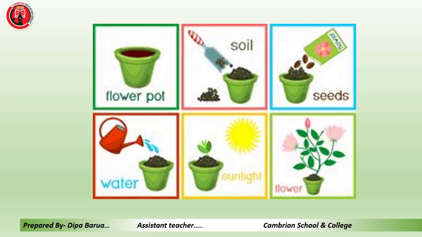Third step, put seeds in the flower pot with soil. Fourth step, water the seeds. And fifth, put the flower pot in the sunlight. Then we get a flower plant.